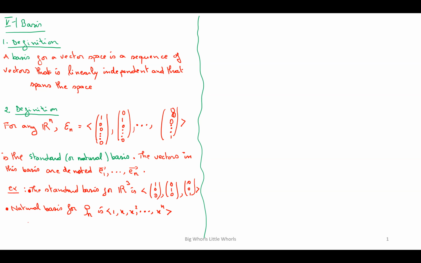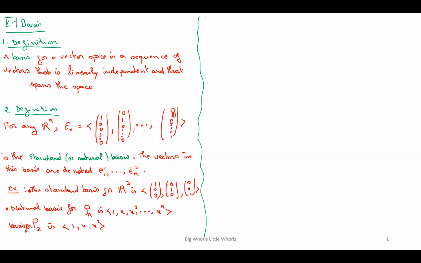So, for example, the basis for P2 is 1, x, and x squared. This is the natural or standard basis for P2.